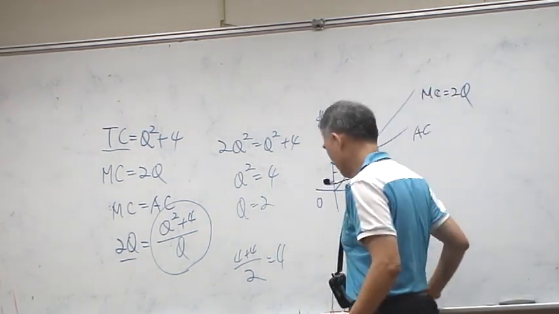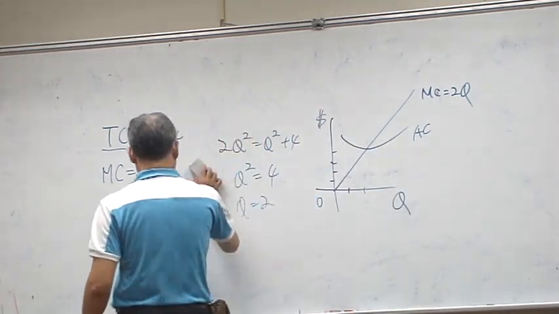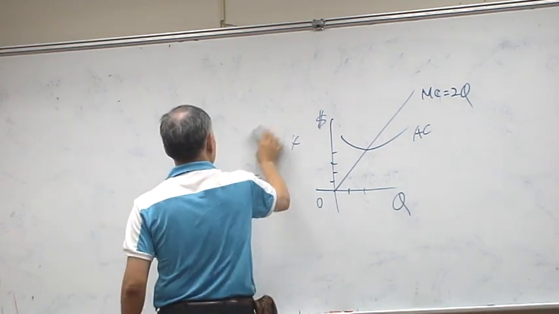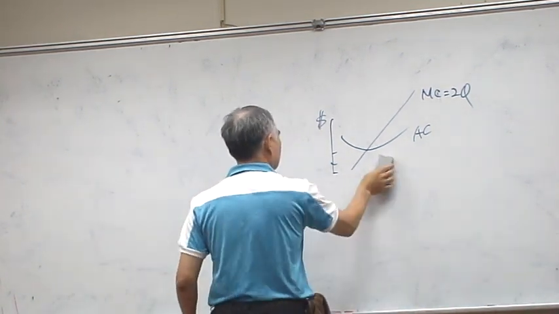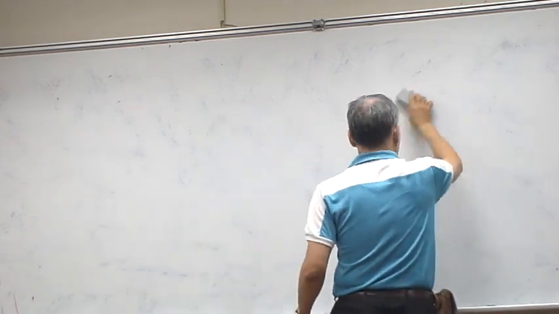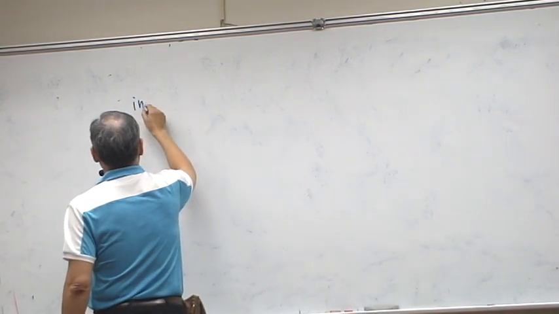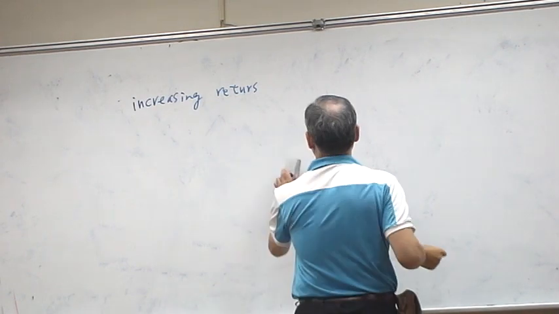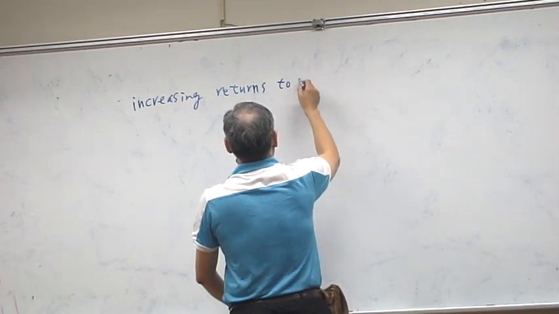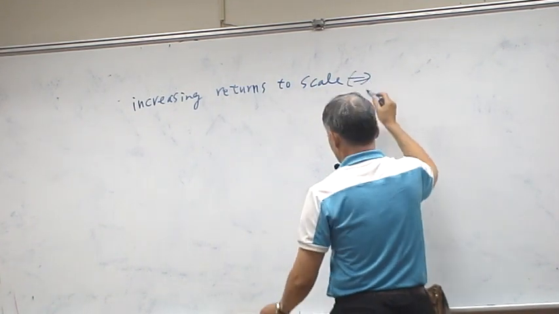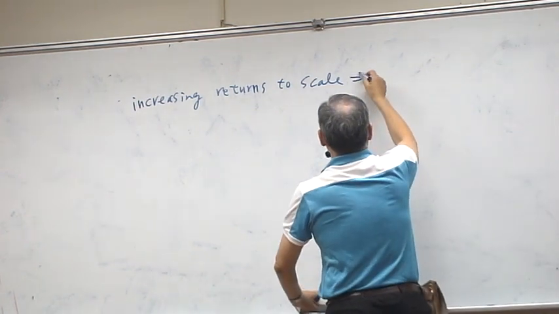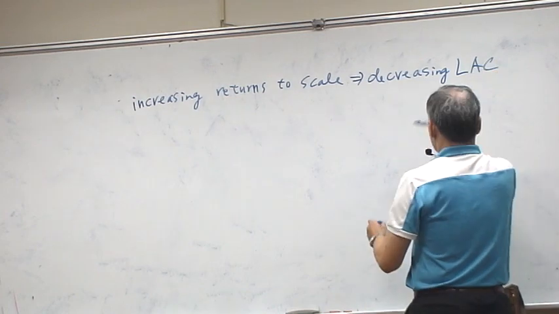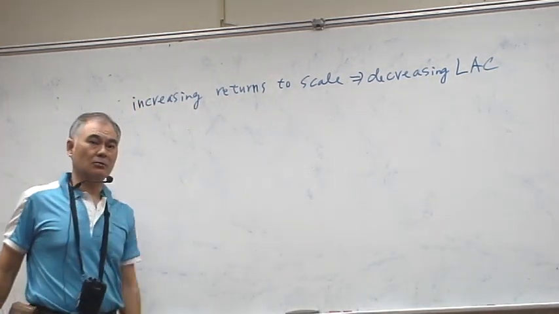So let me put that down for you. If you have increasing returns to scale, you get decreasing long-run average cost.